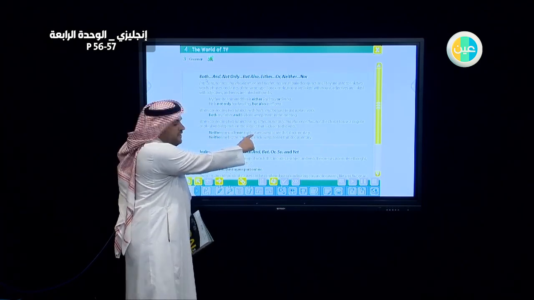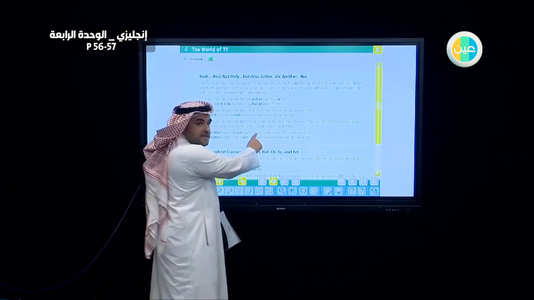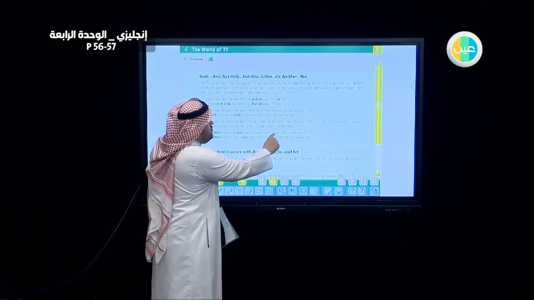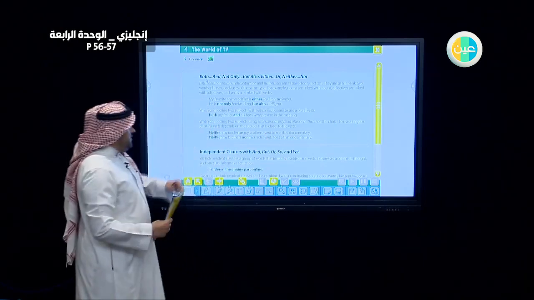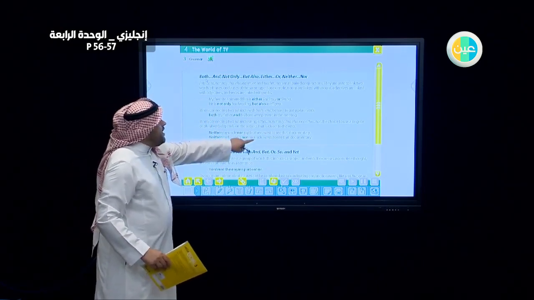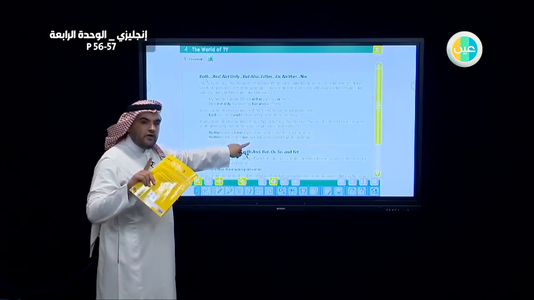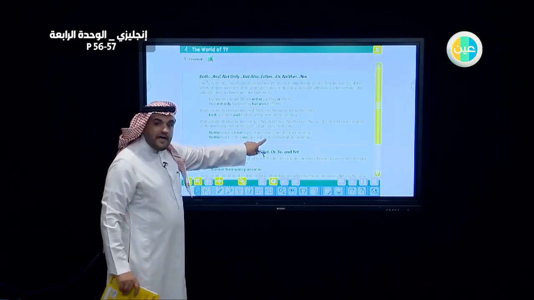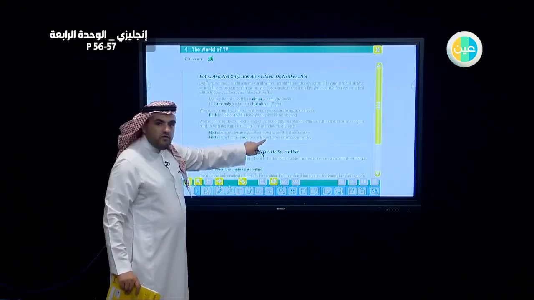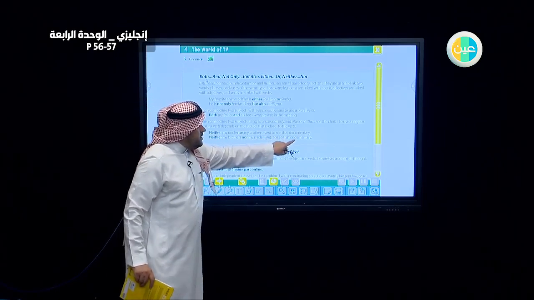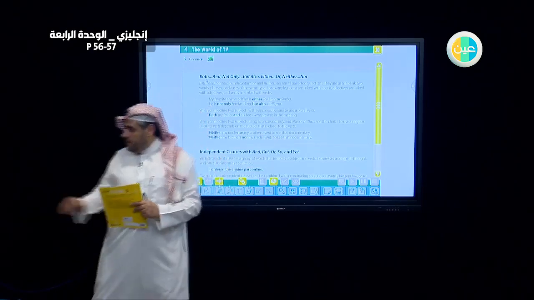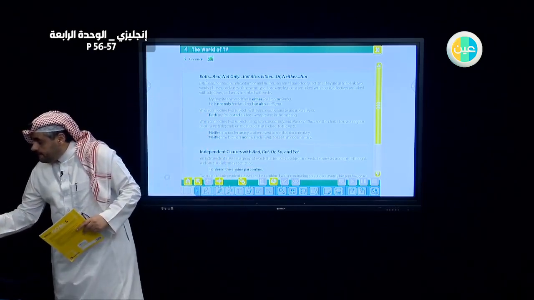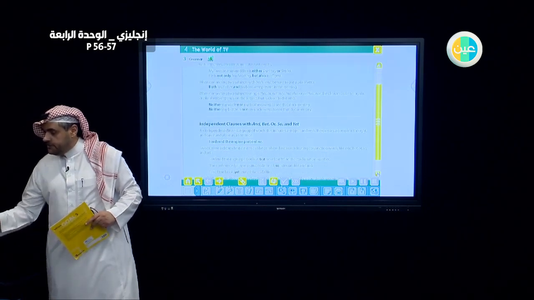It's plural, so we say want to see that documentary. Neither my brother nor my uncle. My uncle is singular, so we say wants to see that documentary. This is how we use the 4 paired conjunctions.